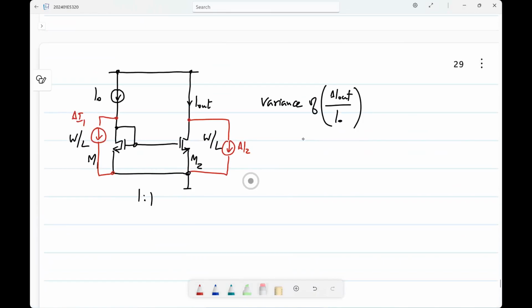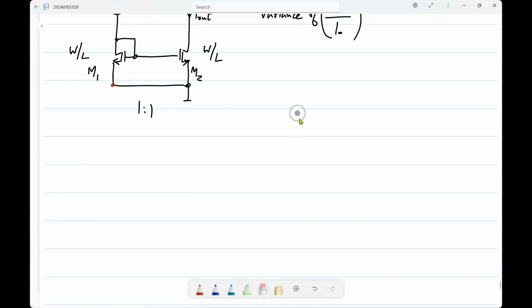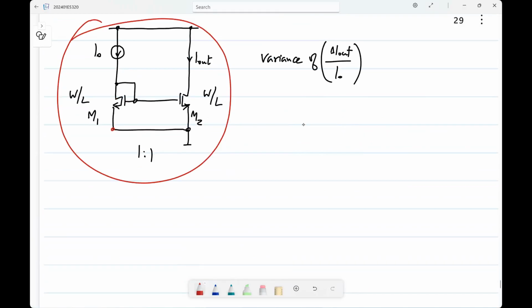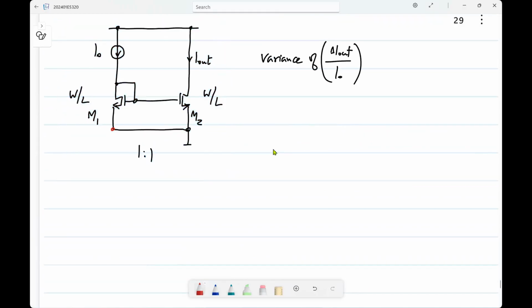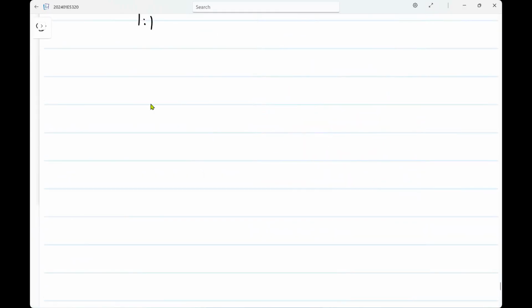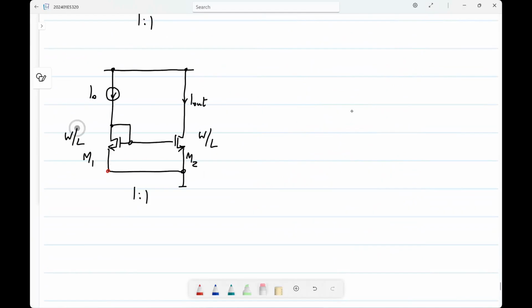Okay. So first of all, let's say I don't have anything and I have ideal components. What will be I out? In the nominal condition, this will be just I naught.